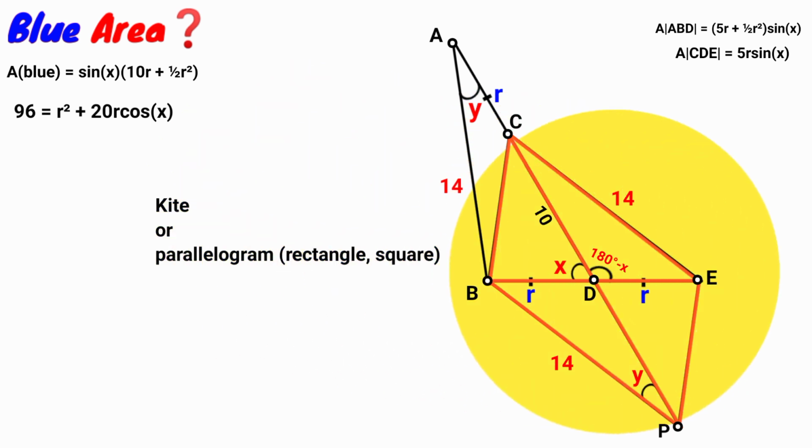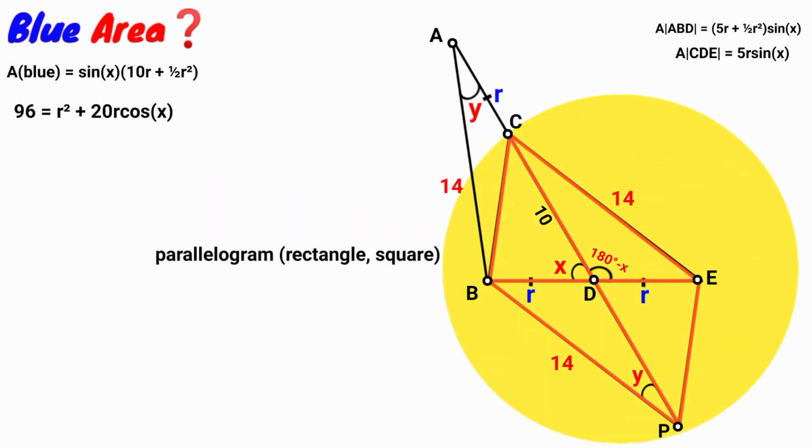But here, a pair of opposite sides are congruent. In a kite, no pair of opposite sides are equal. Therefore, this quadrilateral is not a kite-shaped quadrilateral, but a parallelogram. So the quadrilateral is a parallelogram. In a parallelogram, opposite sides are parallel and equal.